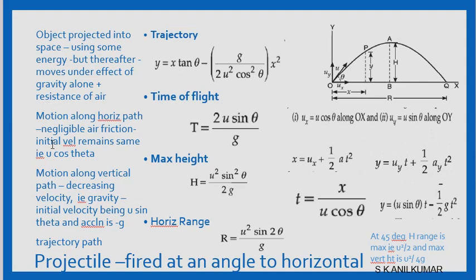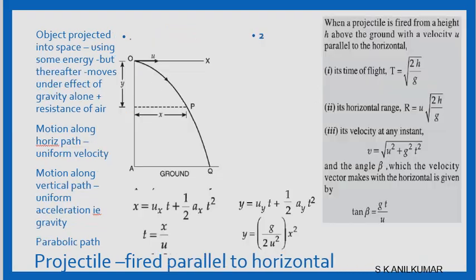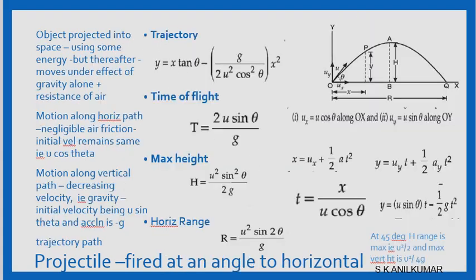Because along the horizontal path initial velocity is the same, along the vertical path you have a decreasing velocity, that is gravity. It cannot keep going up. Whatever has gone up with a thrust will come down because the acceleration will reduce. The acceleration to go up becomes negative as it is falling down. Here there was no initial acceleration along the horizontal. It will be uniform acceleration downwards towards gravity only.